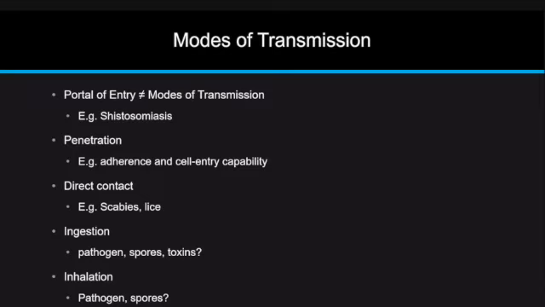Penetration is also important in transmission, and it can be anything from an IV stick, a needle stick, a puncture wound, or a broken bone, a compound fracture that breaches the integrity of the skin. It can be from a catheter that is inserted through the urethra into the bladder.